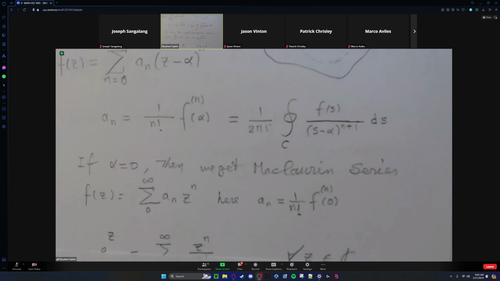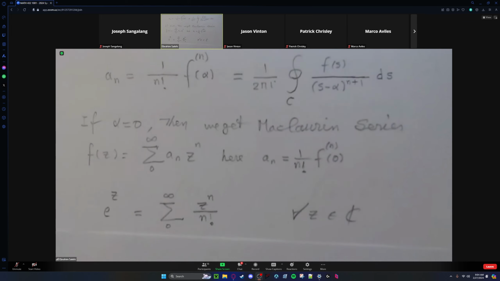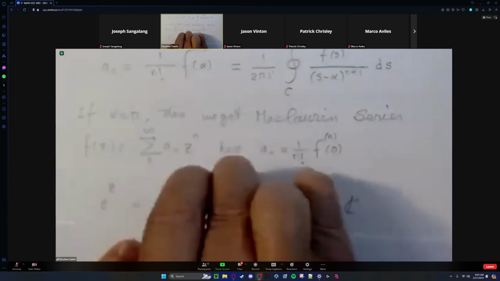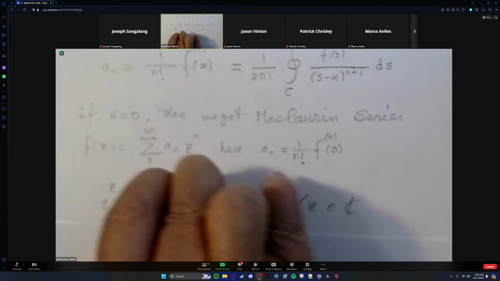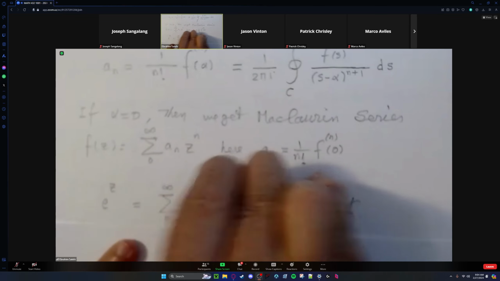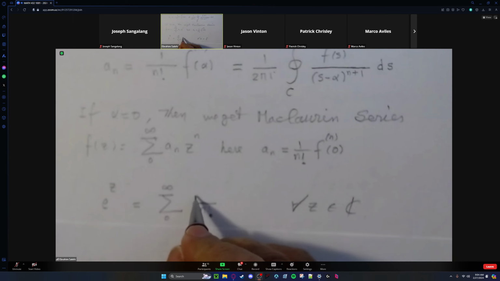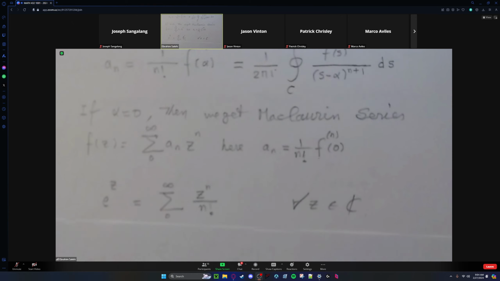Here is e to the z. Last time I talked about e to the z, right? So this is the sum of z to the n divided by n factorial.